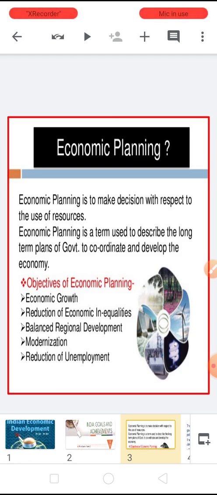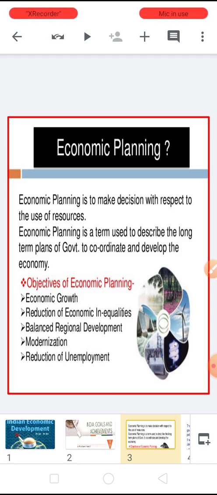Therefore, the most important task before the government of India was to decide the type of economic system which would be most suitable for India. Economic system basically refers to an arrangement by which the central problems of an economy are solved. In this chapter, we are going to learn the process and the stages of economic planning.